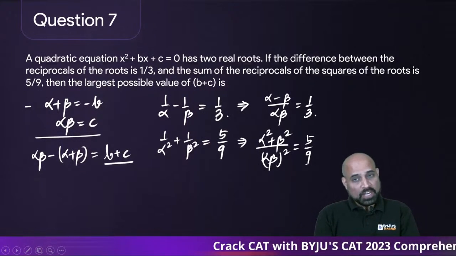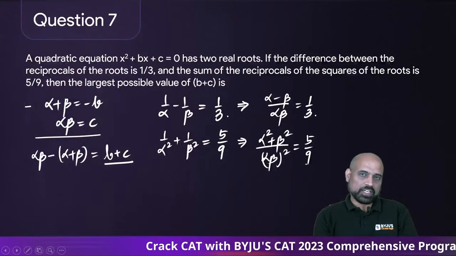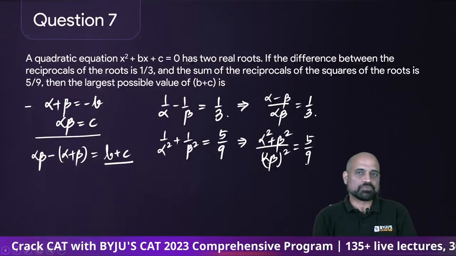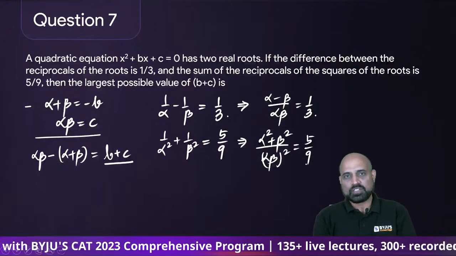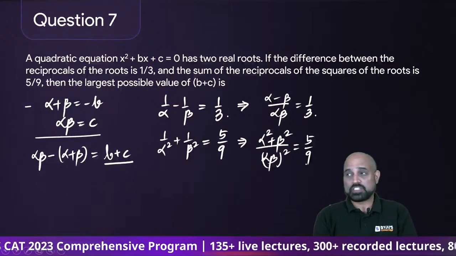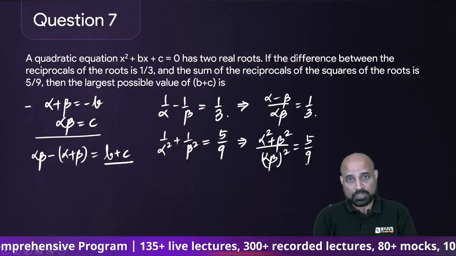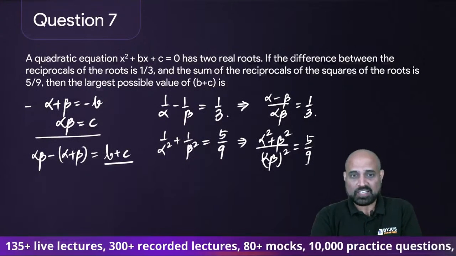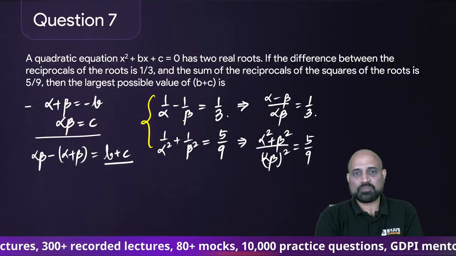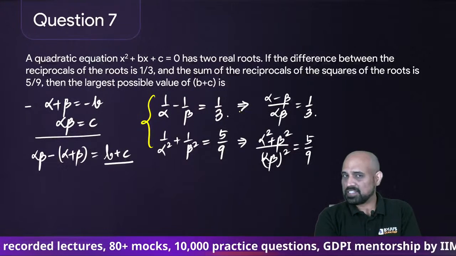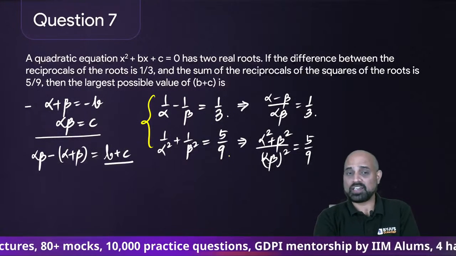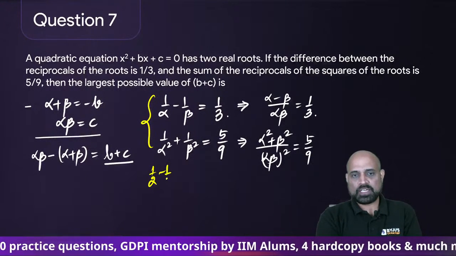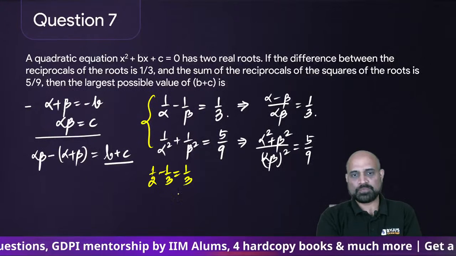See, what I would have done in the exam was I would have done a bit of hit and trial. Okay? Assuming that B and C, these are not irrational values. Obviously, because it's a TITA question, you can't type in irrational values, right? तो जो fastest तरीका है वो ये है कि if you think about the values of alpha and beta such that the difference is 1 by 3 और square करके 9 आता है, that is going to be 1 by 2 minus 1 by 3 is equal to 1 by 3.